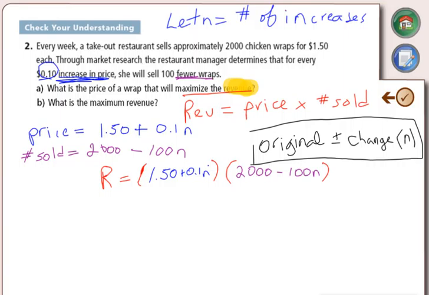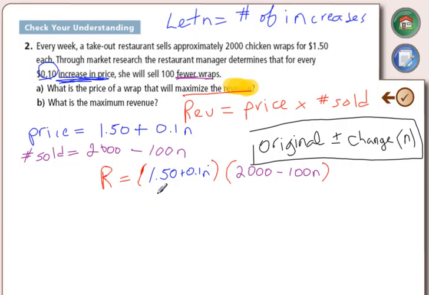So again, we could expand this and we could complete the square. Find the vertex. Or we could say, hey, it's in factored form. Why don't we take each of the two x-intercepts and find what's in between? The vertex is in between the two x-intercepts.